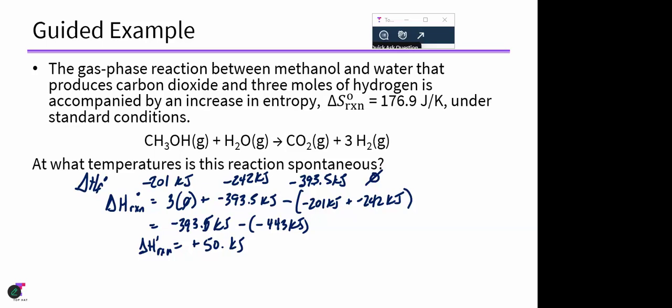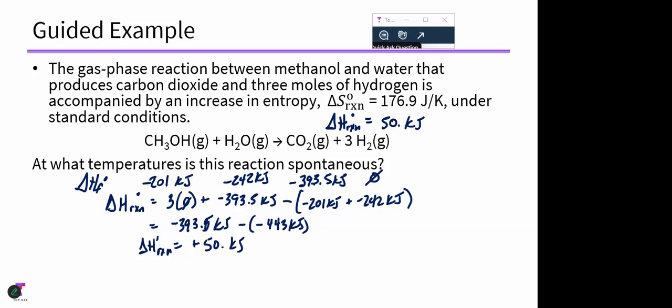Okay, so now we have our thermodynamic data. We've got delta H of the reaction at 50 kilojoules. We've got delta S at 176.9 joules per Kelvin. How do we figure out the spontaneous temperature? Now, the answer to that question is a rather simple one.